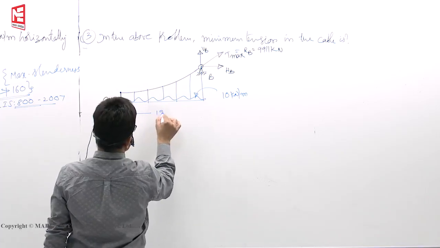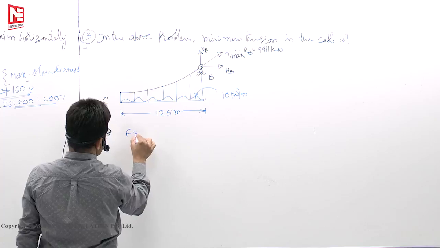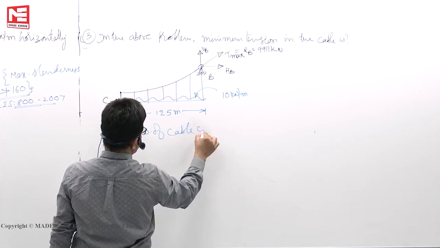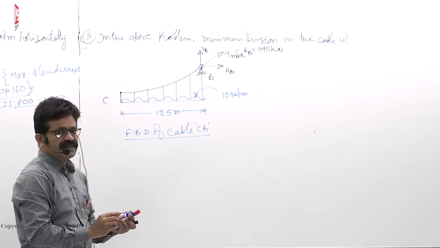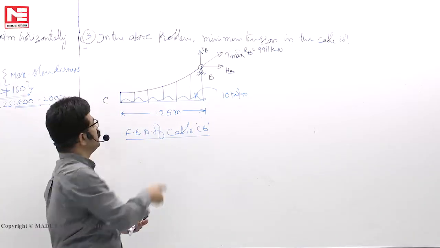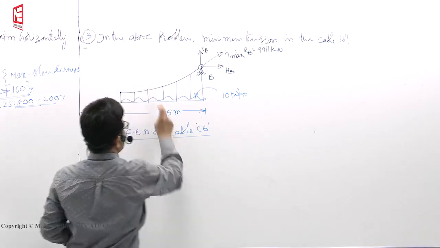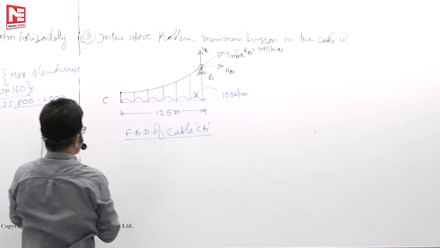This total length is 125 meters. What I am drawing is the free body diagram of cable CB, because the entire structure is in equilibrium, so the CB cable alone must be in equilibrium. On CB cable, what the hinge will do is this much force. What the UDL is doing is exerting a downward force.